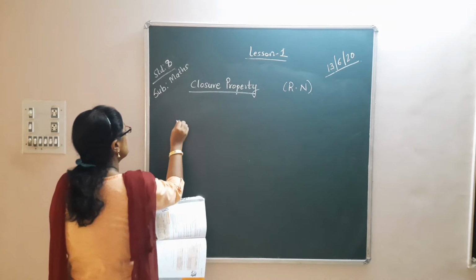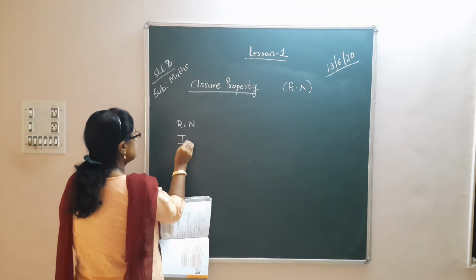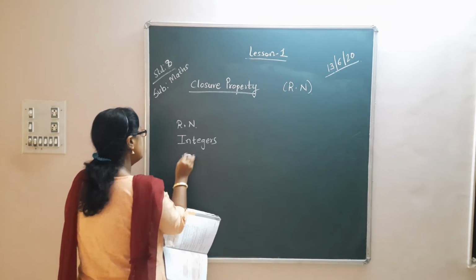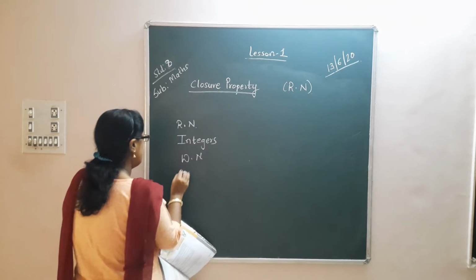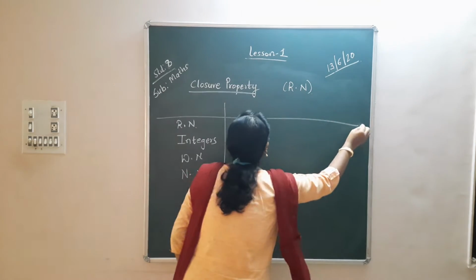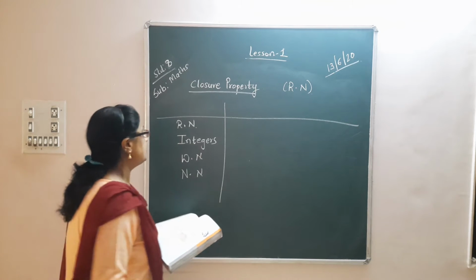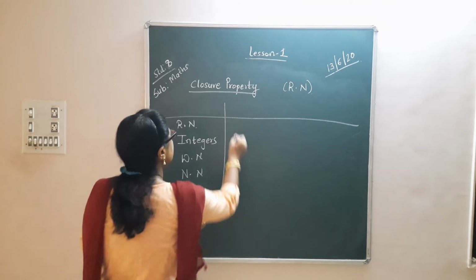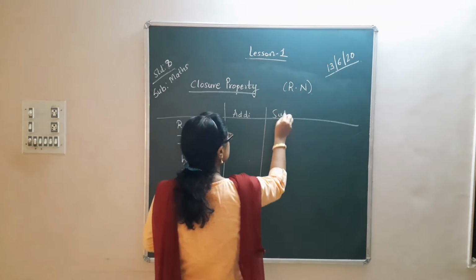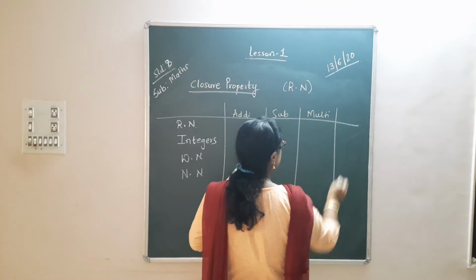Numbers are given to you: rational numbers, then integers, whole numbers and natural numbers. Now you just have to write whether it is closed under addition, subtraction, multiplication and division.